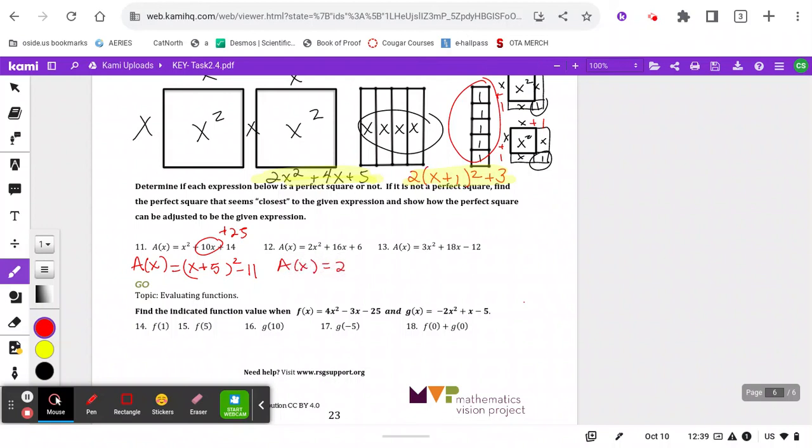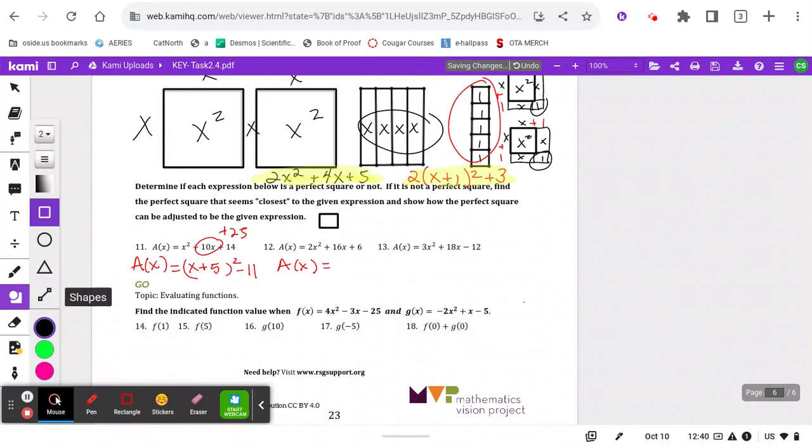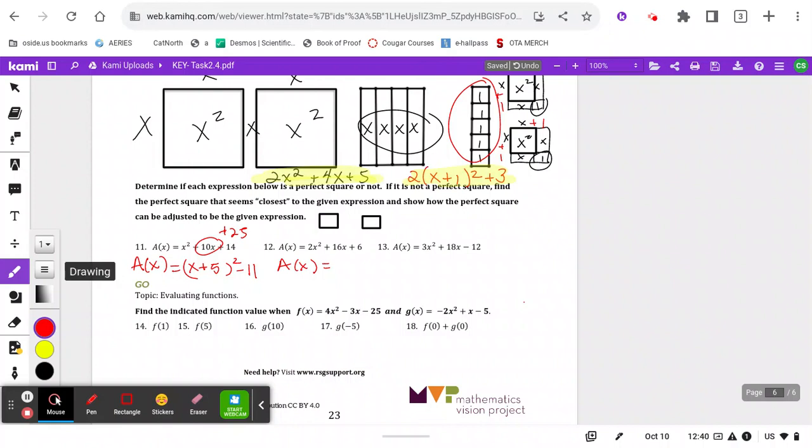The next one, I take out a 2 and make the adjustment. Actually, let me do this one by diagram based on how today went in class. So here I've got this square, 2 x squareds, and this has to be 16 of these. So that's 8 and 8, or 4. And then 4. And so if this is 4 by 4, that's 16.